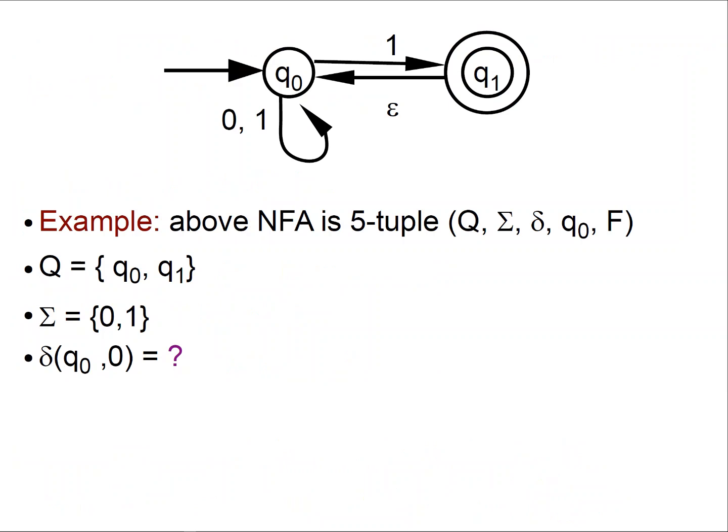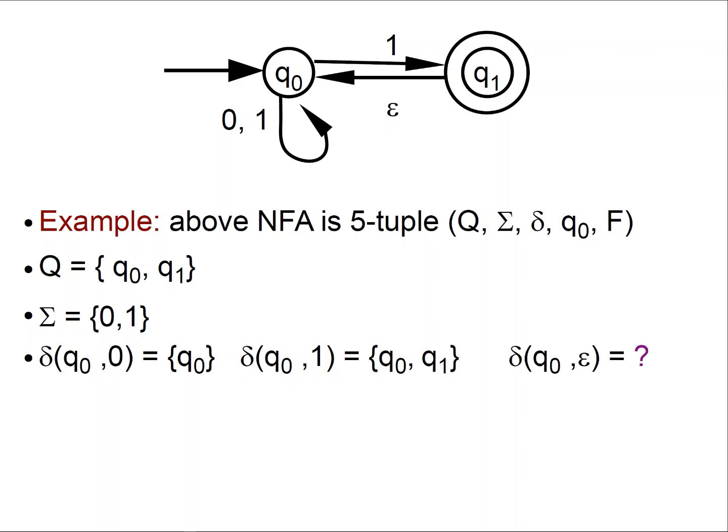Here is an example of an NFA. What is the value of delta Q0, 0? It would be just the set that contains Q0. What about delta Q0, 1? It is a set that contains Q0 and Q1. What about delta Q0, epsilon? It is the empty set.